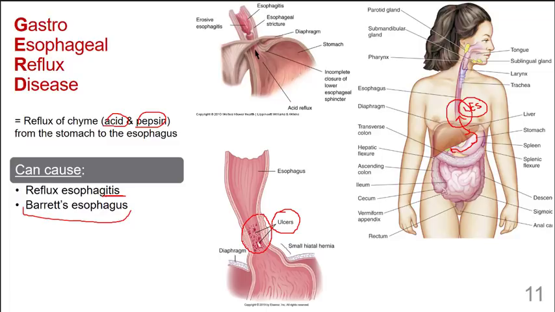But it's not designed to handle acidity and digestive enzymes in the same way that the stomach is, where columnar cells are quite populated in that area. So people can have part of the esophagus removed if they've developed Barrett's esophagus, and they'll generally replace the part of the esophagus that's been removed with part of the small intestine, so more of a similar tissue type.